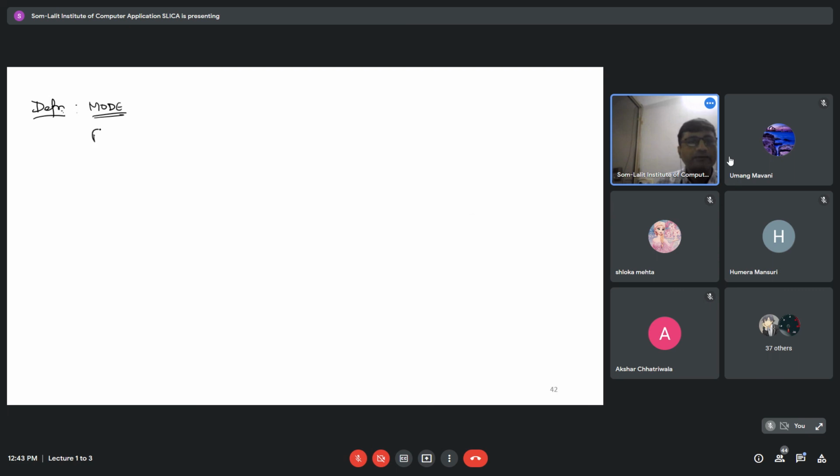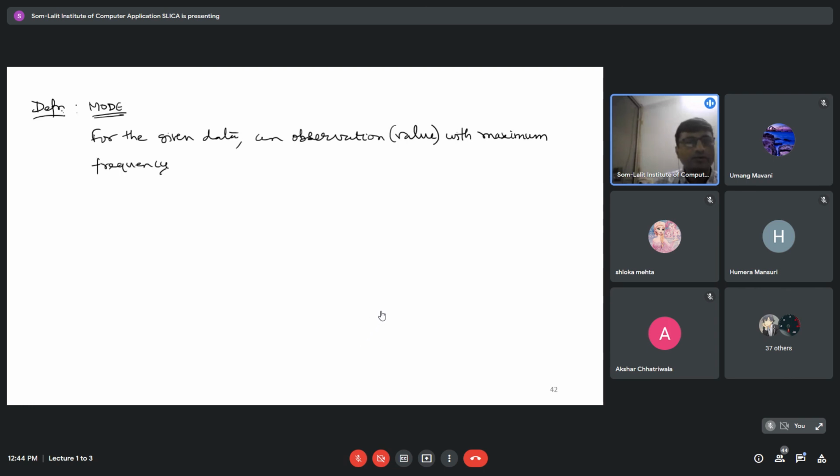For the given data, an observation or the value with maximum occurrences, or you can write the repetitions, or with maximum frequency.